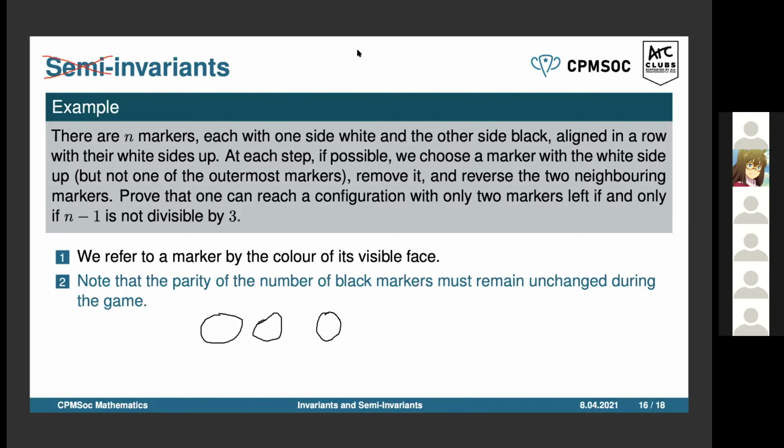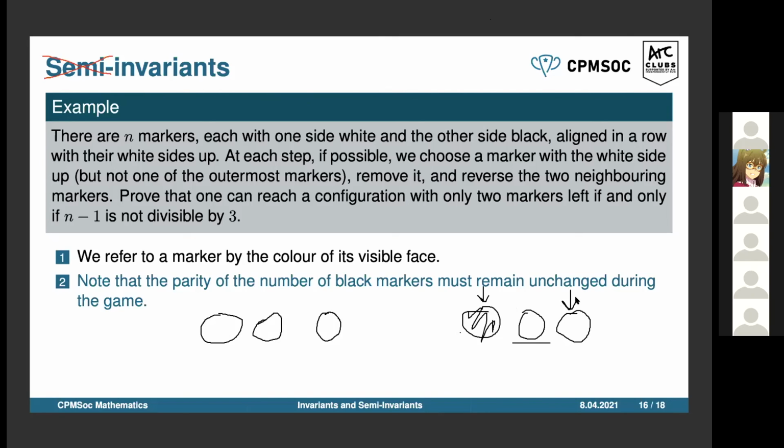And the reason for that is because if you have black and then white and then white, and you pick this one, these 2 will swap colors.